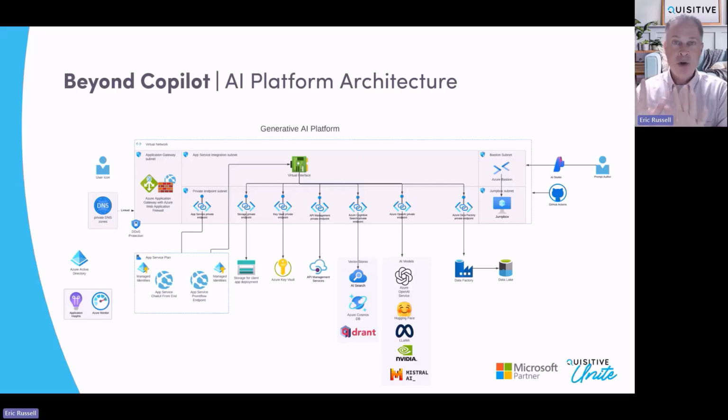Now, as I show you this slide, the thing I will point out is that when you begin to move into more complex AI solutions, not everything on this slide is Microsoft. Right. So you will notice there are a number of Azure services listed on here, but there are also a number of other services listed on here as well.